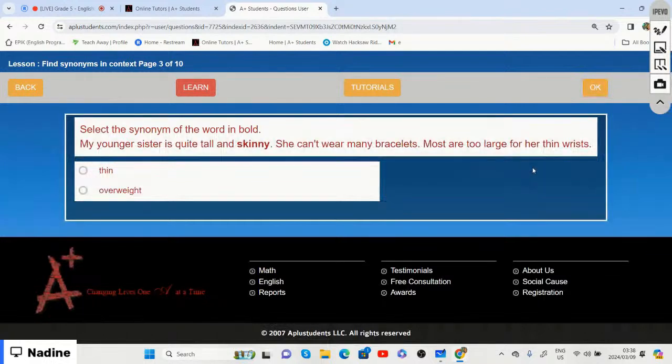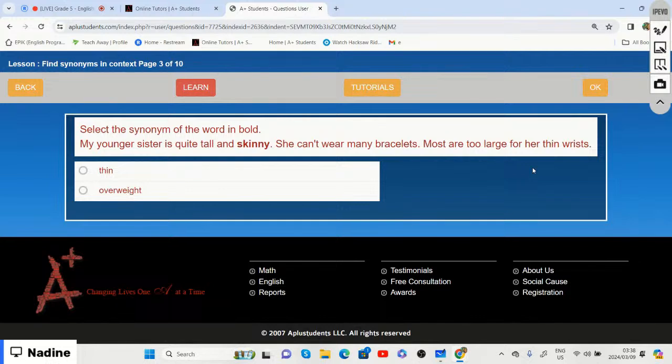My younger sister is quite tall and skinny. She can't wear my bracelets. Most are too large for her thin wrists. Skinny. So skinny.